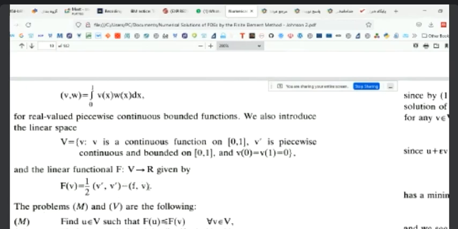Here is the definition of the inner product, as you can see in this formula which I highlighted here.